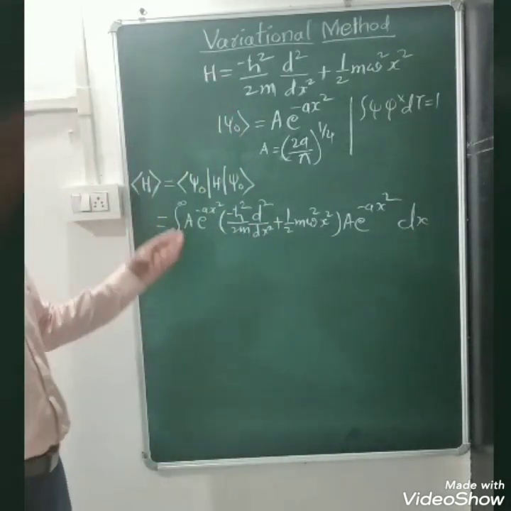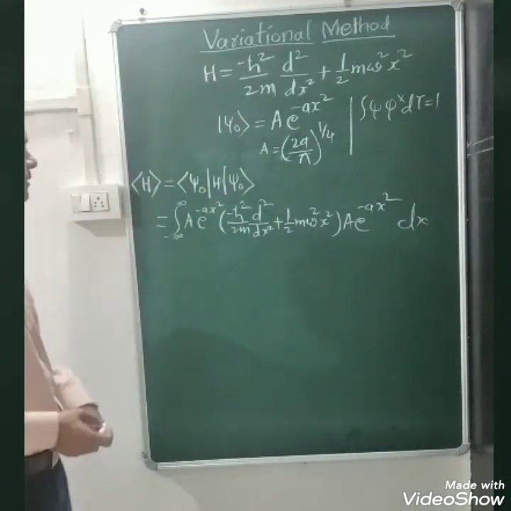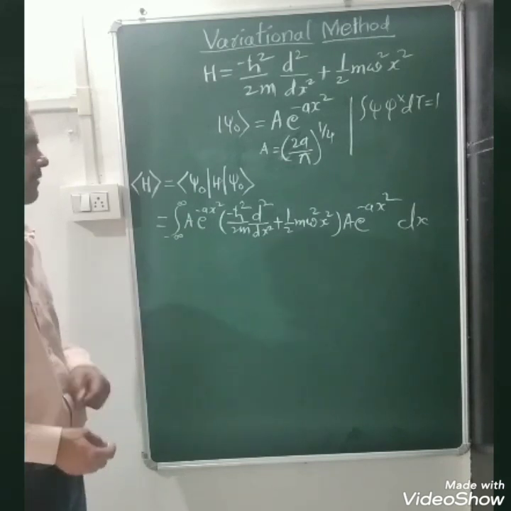So this is the expectation value of H, that gives us the energy eigenvalue.